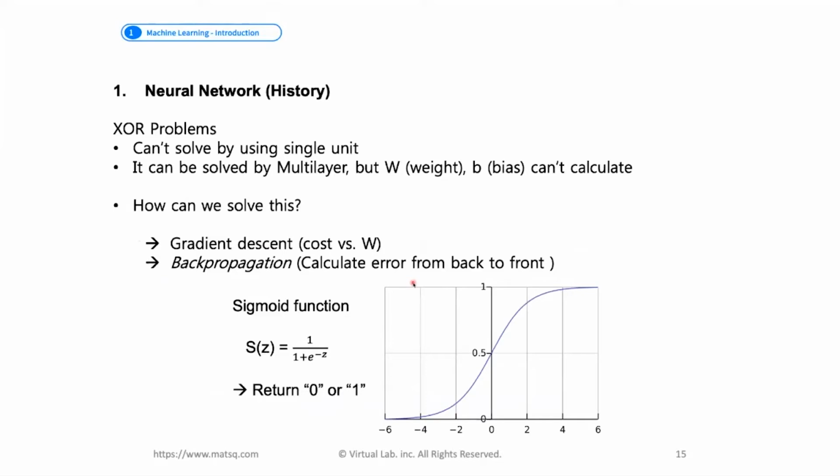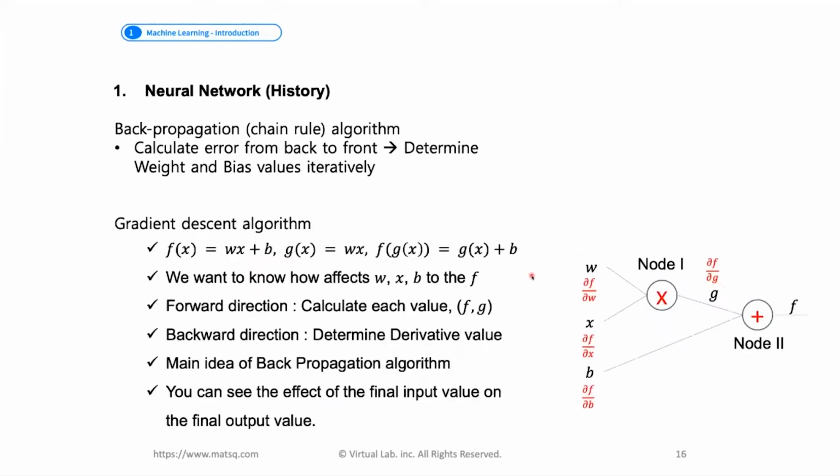The sigmoid function is the most commonly used activation function, looking like this. And it only returns 0 or 1, like a switch. Using this method, we may know which weights or biases affect the result. These minima are found through the gradient descent algorithm.